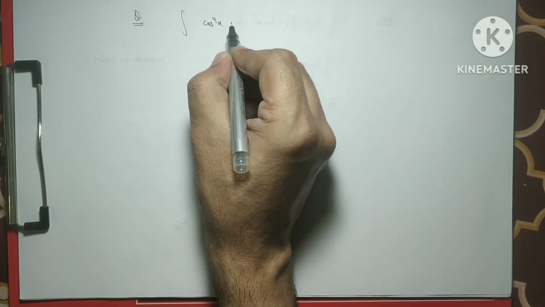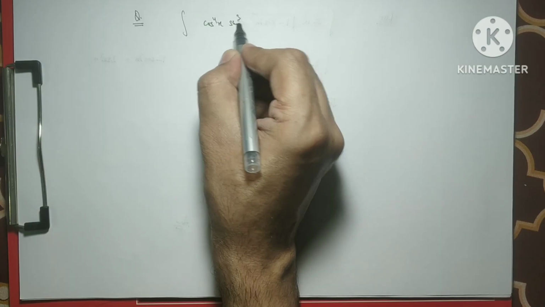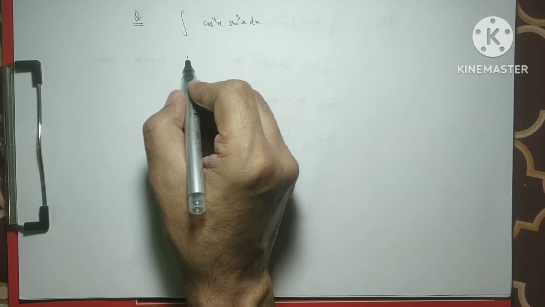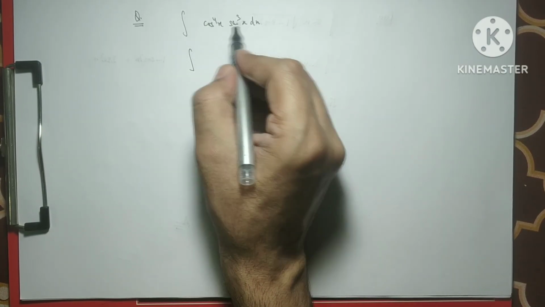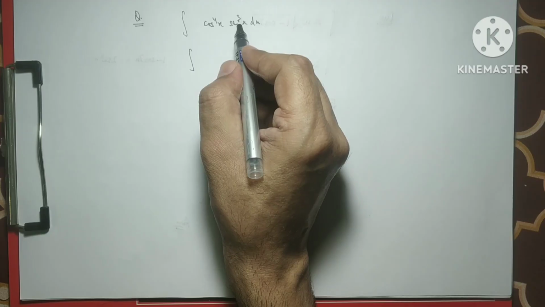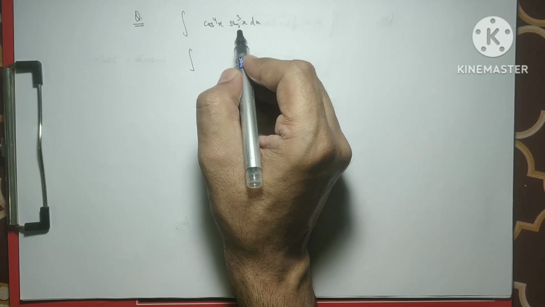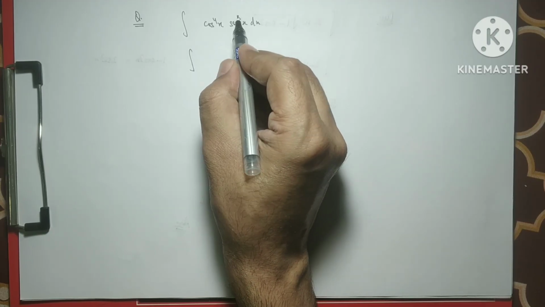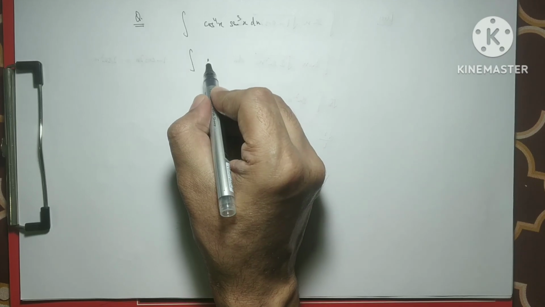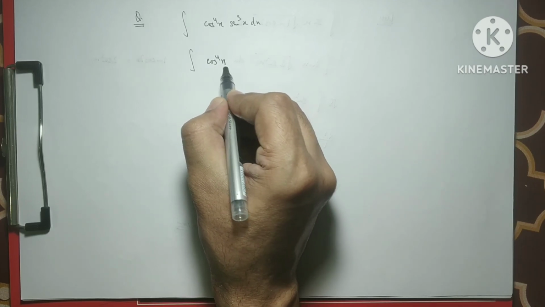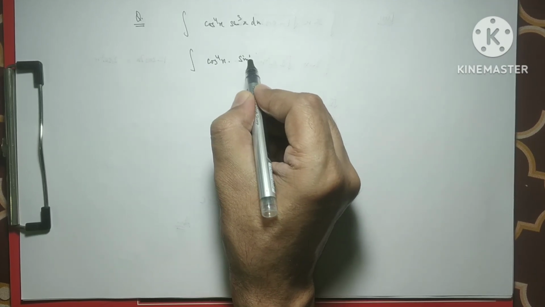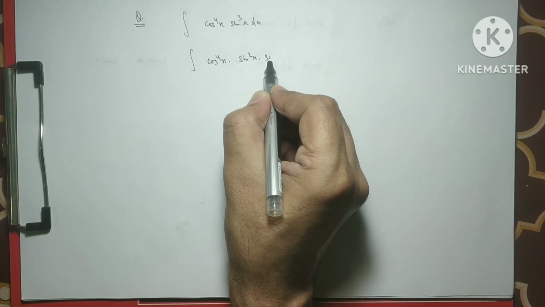Cos 4x and sin cube x. So this is an even power and this is an odd power. So always we will try to extract one power from the odd number. So we break this as sin square x into sin x.